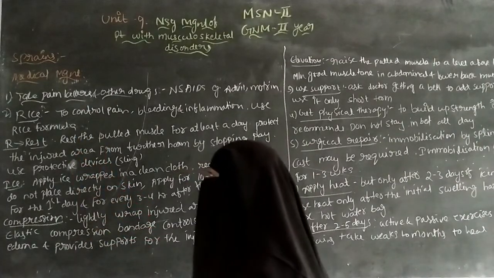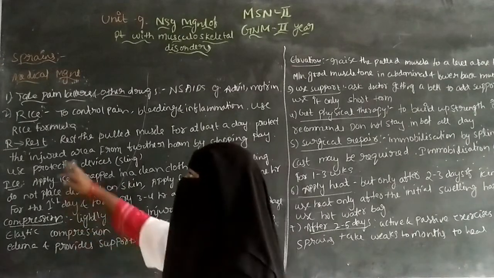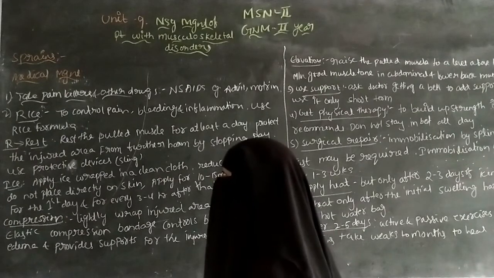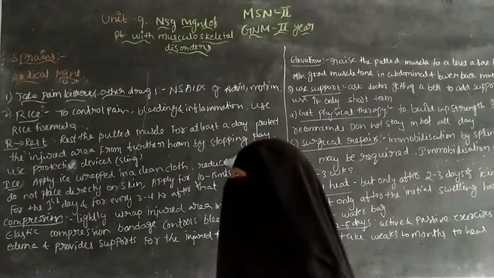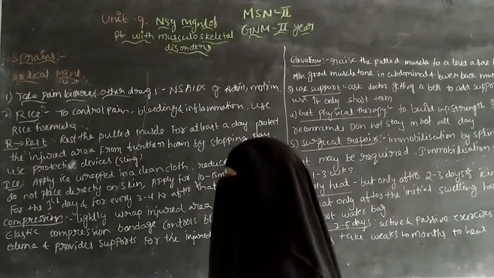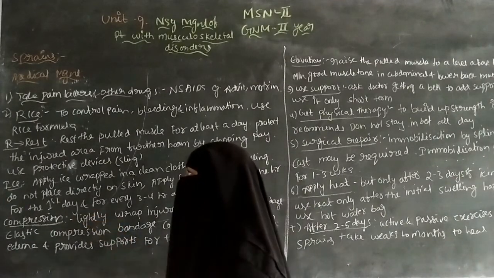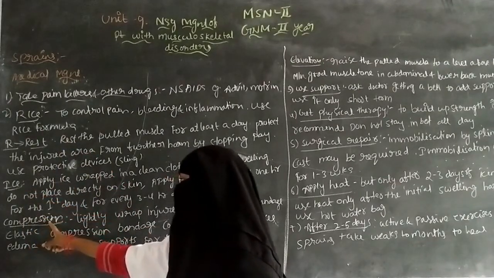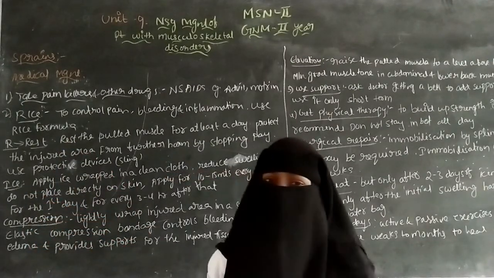R means rest, I means ice, C means compression, and E means elevation.